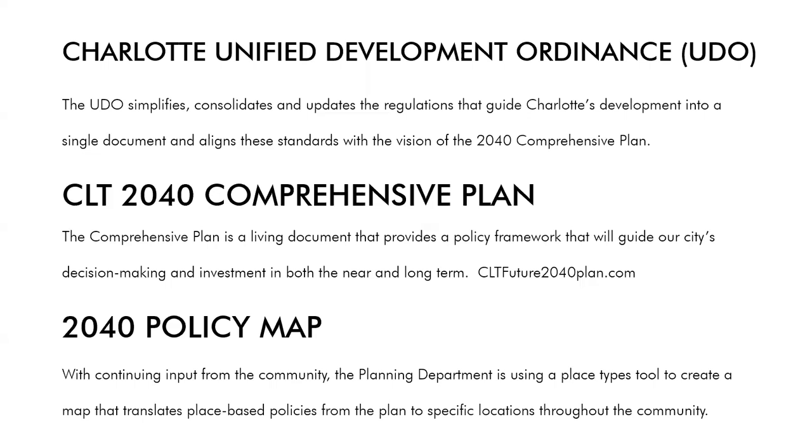The comprehensive plan is a living document that provides a policy framework to help guide our city's decision-making and investment in both the near and long term. And then there's also the 2040 policy map. The policy map is a future land use map that helps identify land uses most suitable for future development.